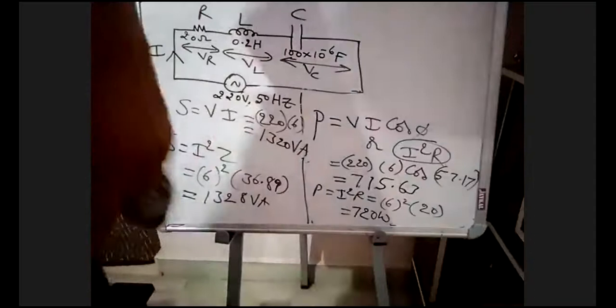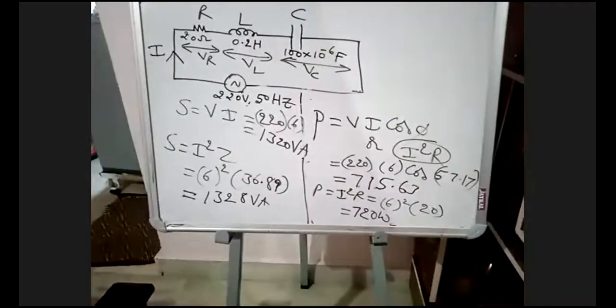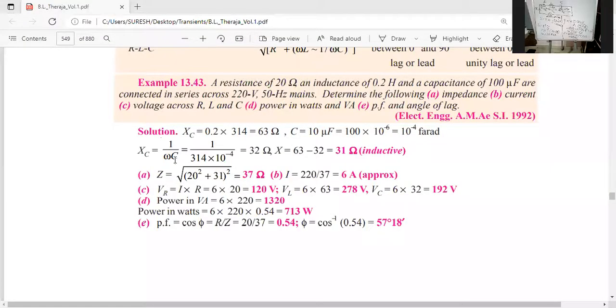Now see in your textbook what they have given. This is the solution they have done in the textbook. XL is 63 ohms, XC is 32 ohms.